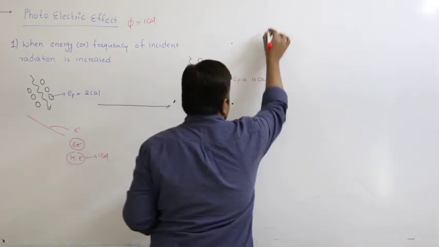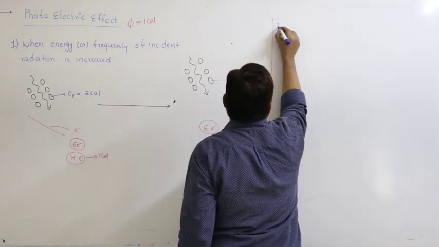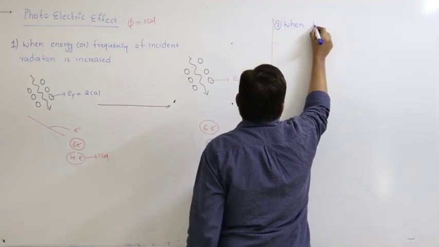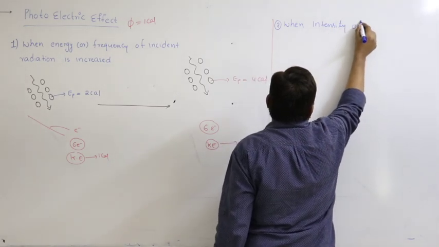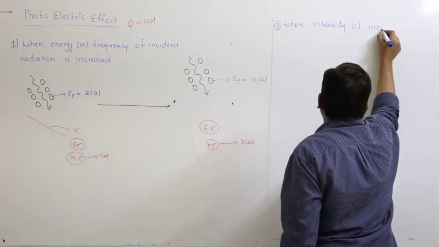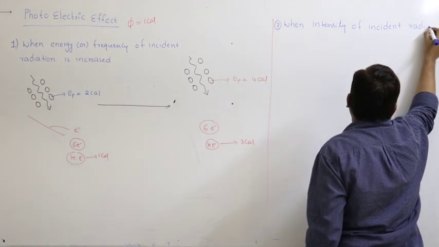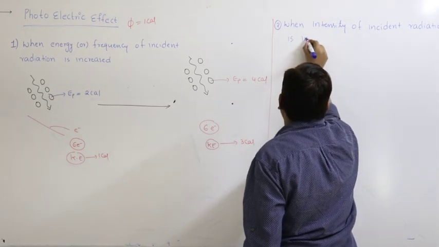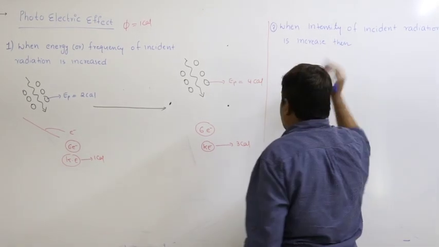In the second case, when intensity of incident radiation is increased, then what happens?